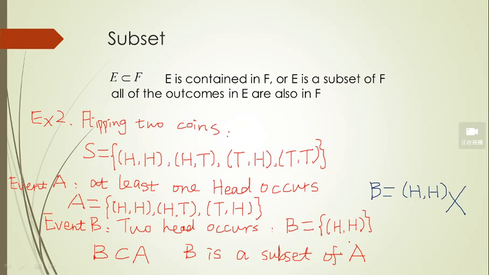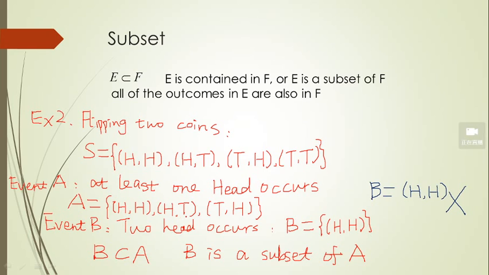Event B. And of course, we can have several different subsets for event A. You can define some other event, like event E: the first coin is head, the second coin is tail.